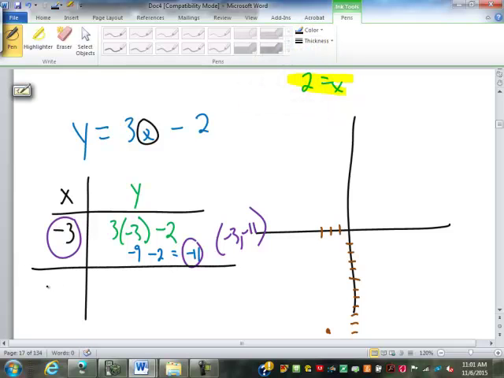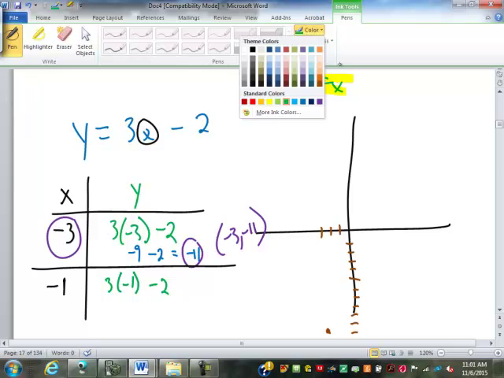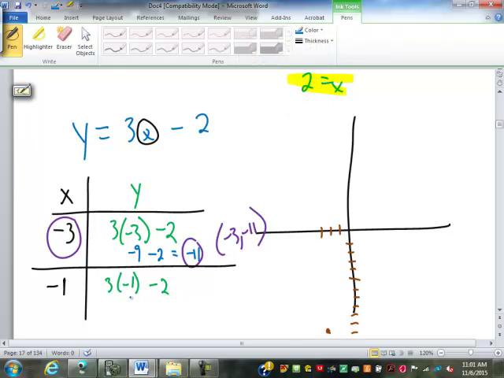So let's try another value. Maybe I'll try -1 for x. So if x is -1, y is 3 times x minus 2, so 3 times -1 minus 2. 3 times -1 is -3, very good. -3 minus 2 is -5, great.